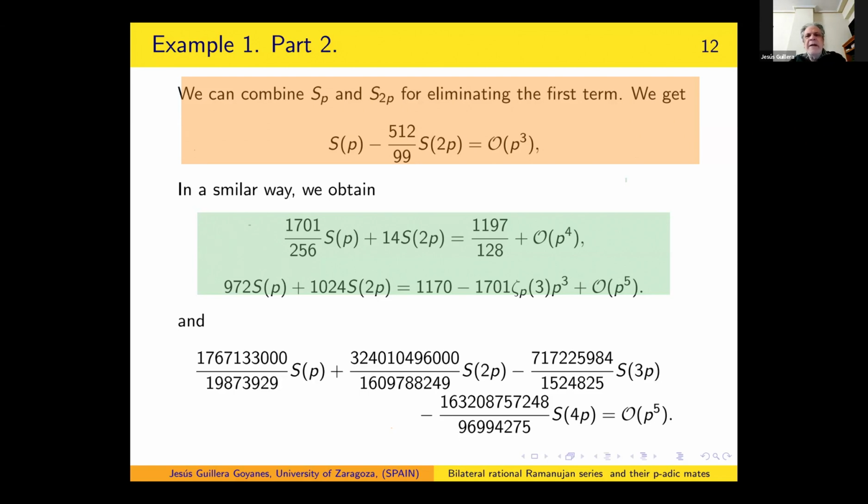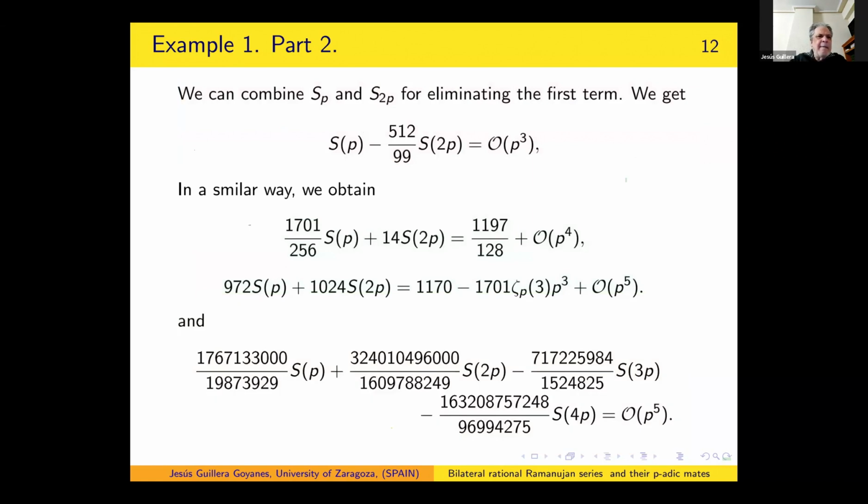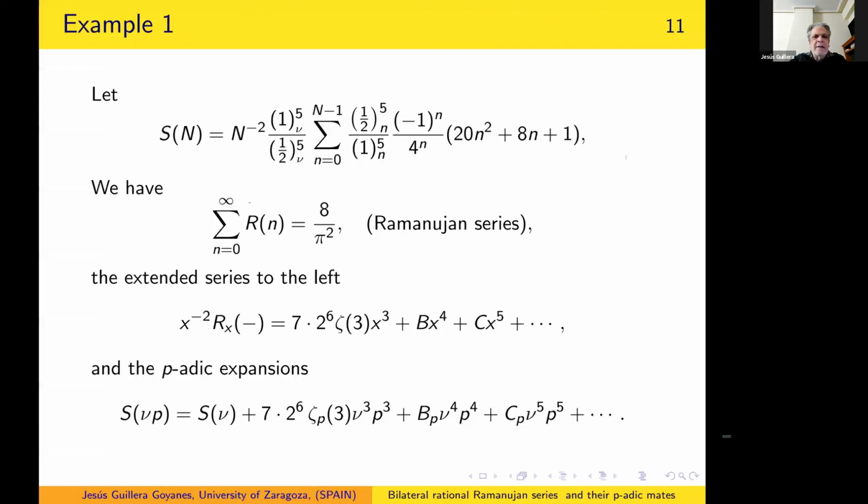And here we have eliminated even the p-adic set, and we have another identities, and we see that this checks in an indirect way the p-adic expansion that we have here.